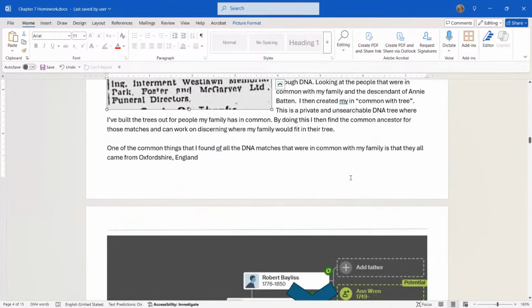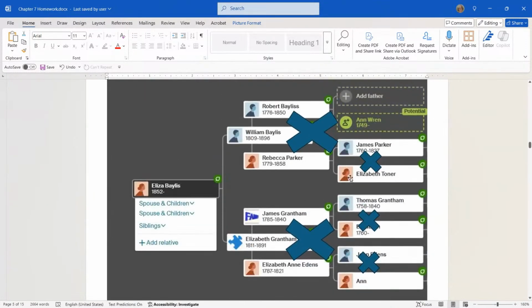So then I started working with the DNA. And so I have what I call an in-common-with tree. It's people that are in common with my family that I know go back to this mystery.